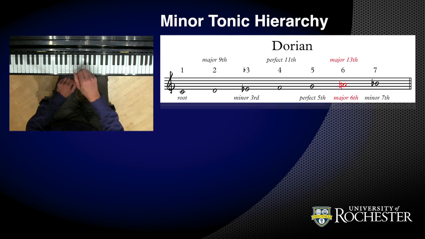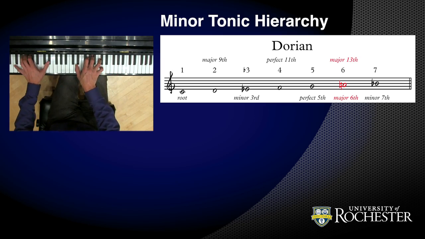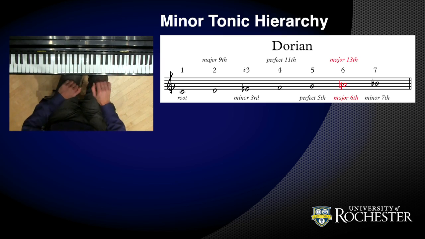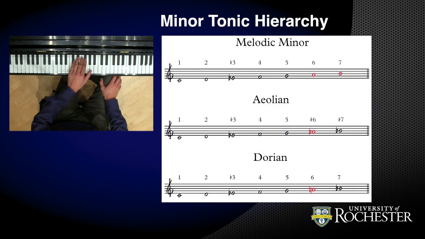The Dorian mode, the beauty mark is natural 6. As you could notice, all the minor modes have a minor third as their essential chord member, and either minor 7 or major 7. The main differences between them are on account of their beauty marks.